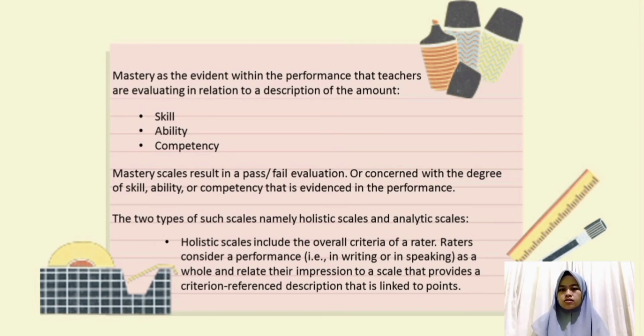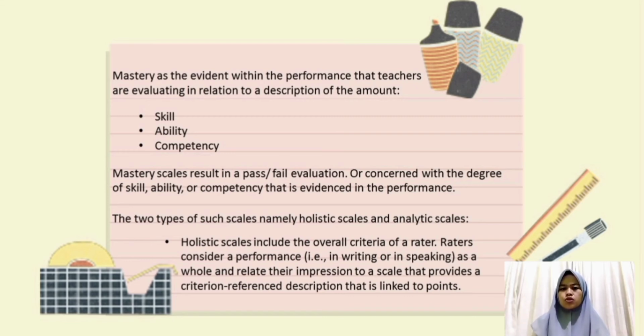Material as the evidence within the performance that teachers are evaluating in relation to descriptions of the amount, skill, ability, and competency. Mastery skills result in a pass or fail evaluation, or are concerned with the degree of skill, ability, or competency that is evidenced in the performance.